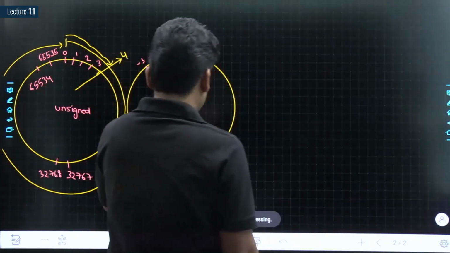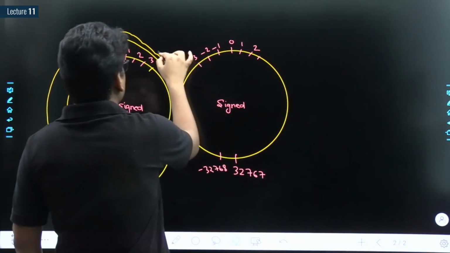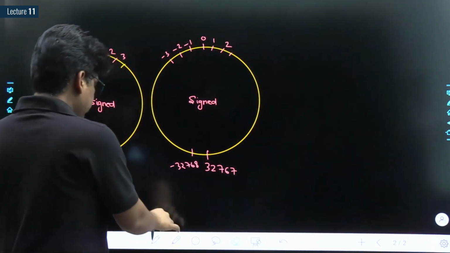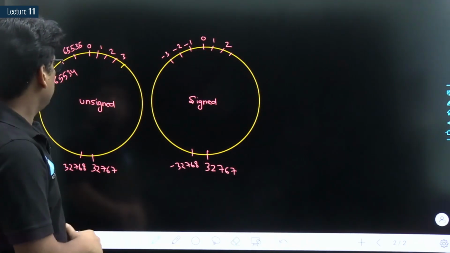Let's solve a few more questions so that the clarity of concept will be there.